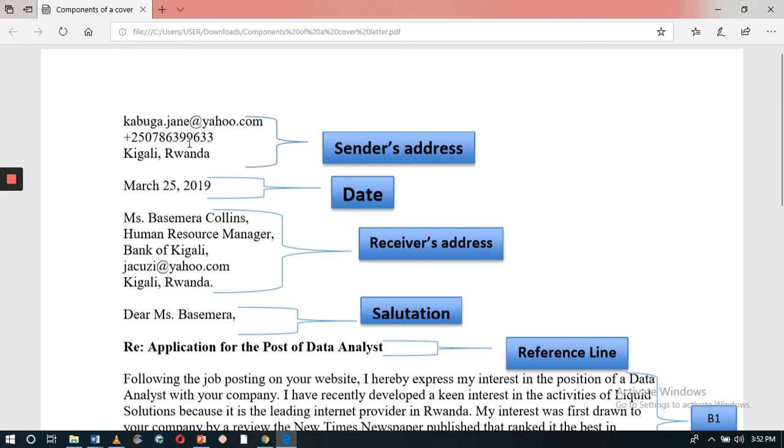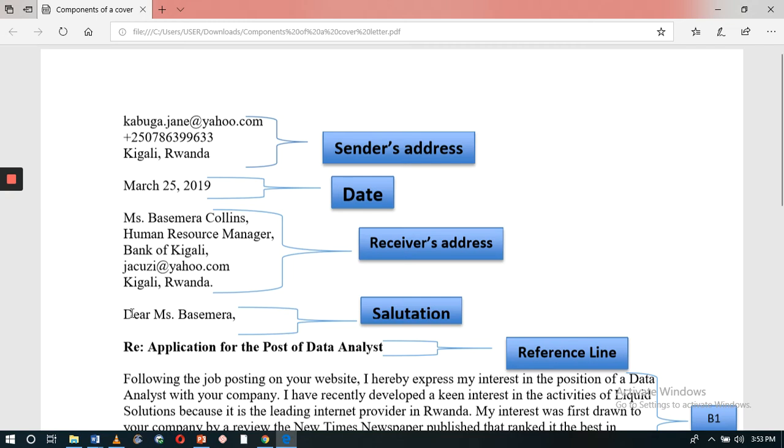Now, after your address, the date, and the receiver's address, the next thing that comes in is the salutation. You have the option of saying dear sir or madam, especially if you don't know the person you're writing to or their gender. But if you can find out the name of that person, the better for you.